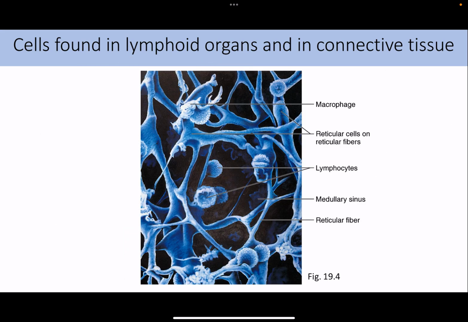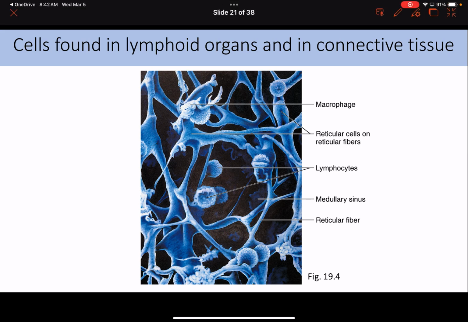And so here's a micrograph. So macrophages or monocytes and our lymphocytes are supported by something called a reticular network.